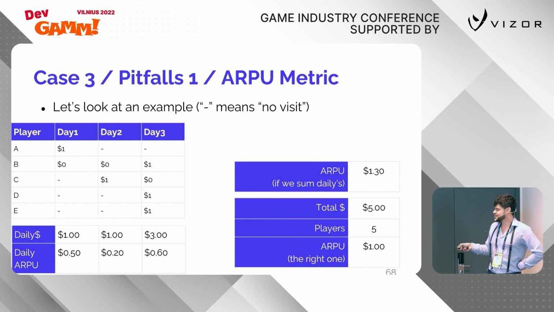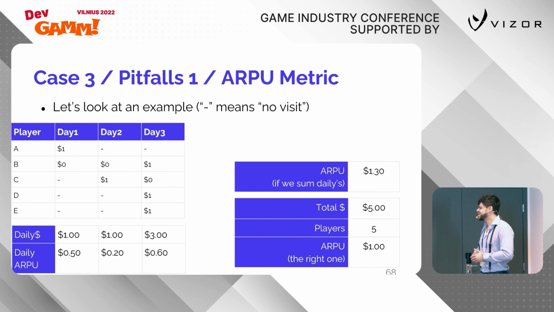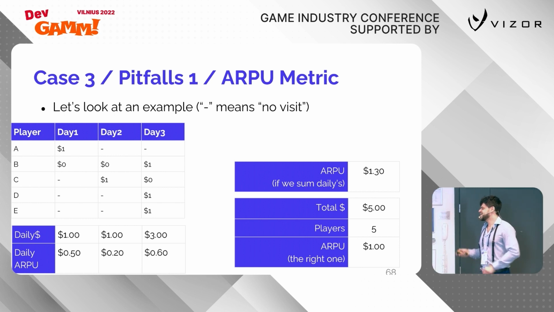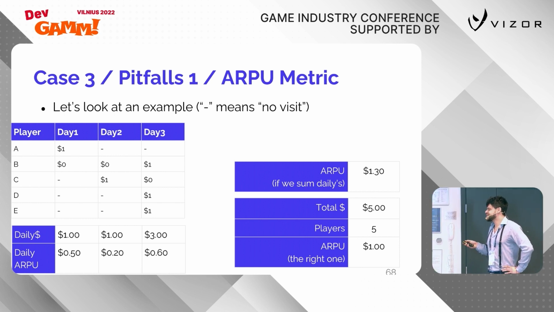Our total revenue is $5, right? We have 5 players, and if we divide 5 by 5, we get $1. That's the right way to calculate average revenue per user, and this one we may get if we make a mistake and we start adding daily average revenue per users.